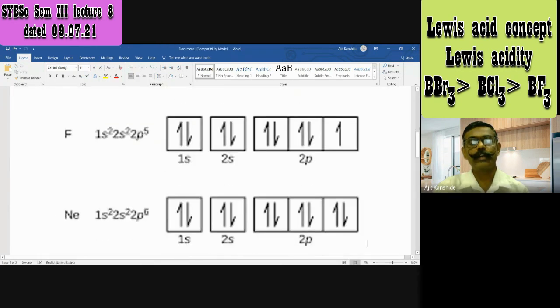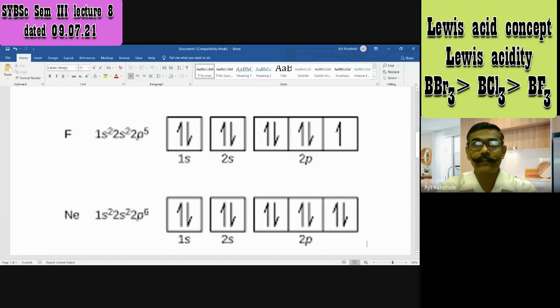Likewise, if you come to fluorine, atomic number is 9. Electronic configuration 1s2, 2s2, 2p5. I come to the last, that's the 2p orbital. 5 electrons should be accommodated. First electron in first window, second electron in second window, third electron in third window, fourth electron will pair with the electron which was in the first window. Fifth electron will pair with the electron which was in the second window, and one electron is unpaired. Come to the last element, that's neon.